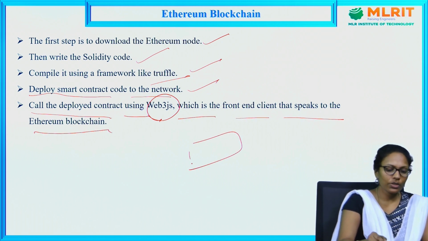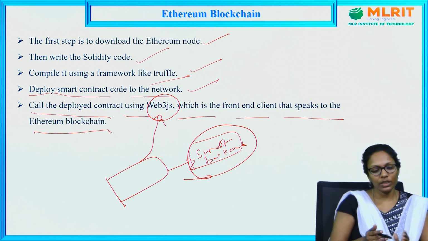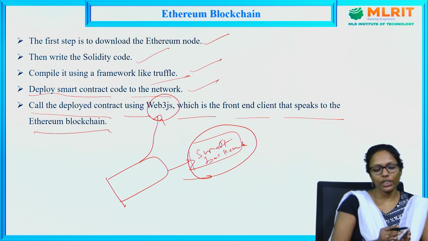The smart contract will reside as a backend, and I should call it using a front end, which can be developed using Web3.js. That is nothing but a front-end client-side application which is calling the smart contract application.